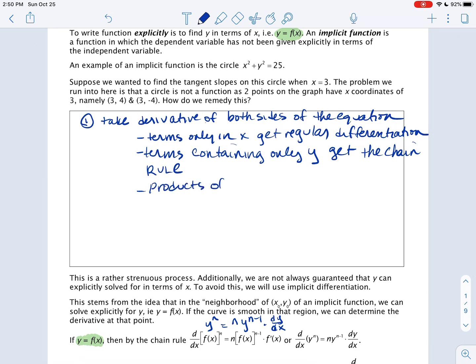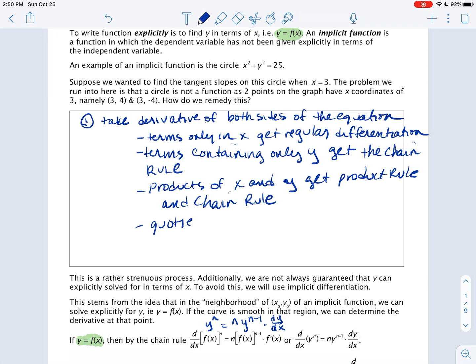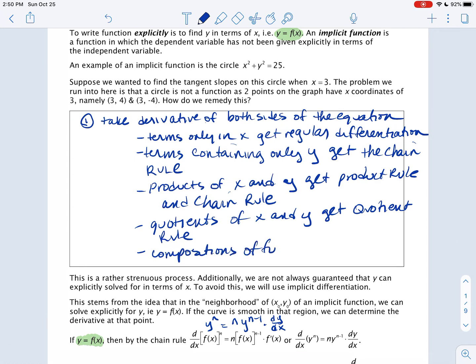And products of x and y get the product rule and the chain rule, and you'll see that, and quotients of x and y get the quotient rule, and compositions of functions definitely get the chain rule.